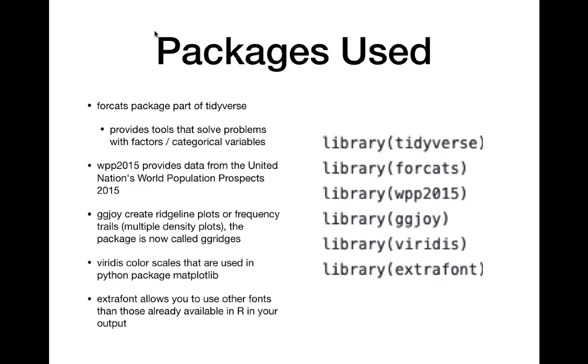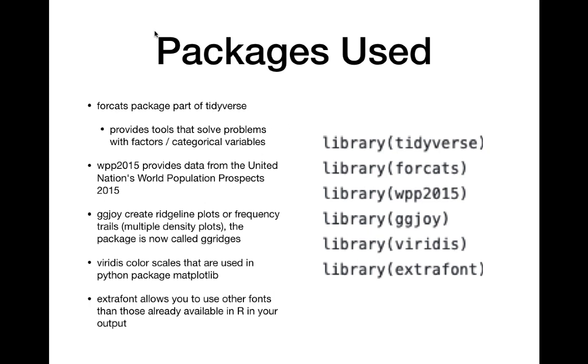He also called the viridis package, which provides 5 different color scales that are used in a Python package, matplotlib. I'm not sure if that's pronounced right. Excellent. So it's the viridis color scales. They are better suited to grayscale rendering, and they're also better for people with certain types of color blindness.